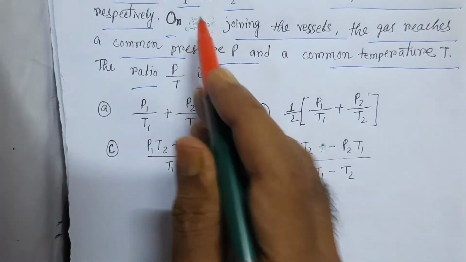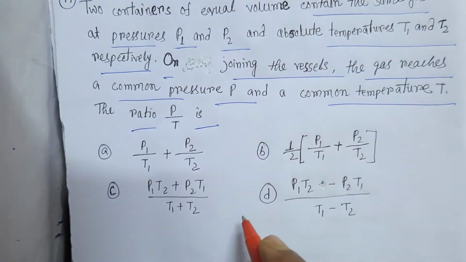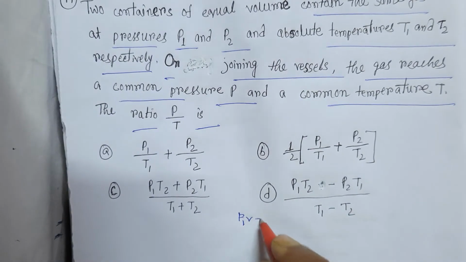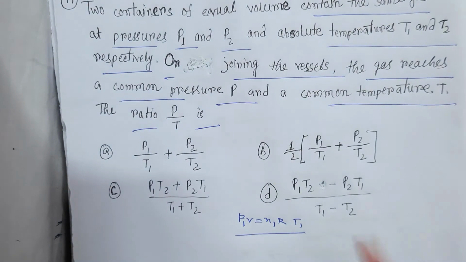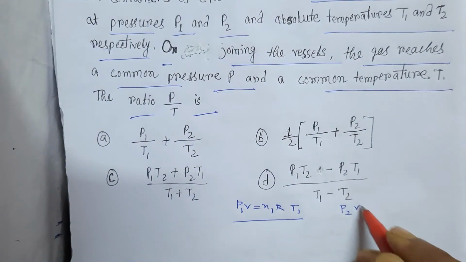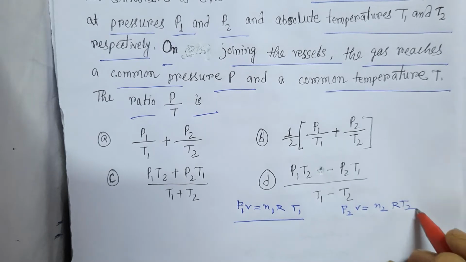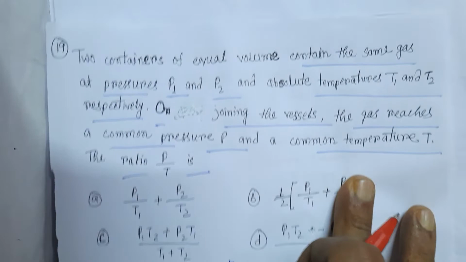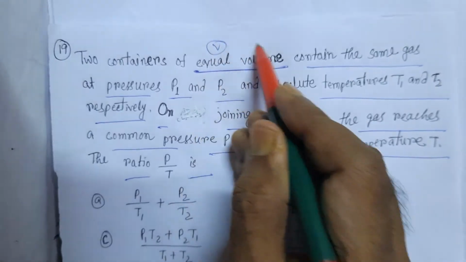First of all, the pressure is P1, let the volume be V, then we may write down P1 V equals N1 R T1, where T1 is the temperature of the gas. In the second case, P2 V equals N2 R T2. They have equal volume, V each.